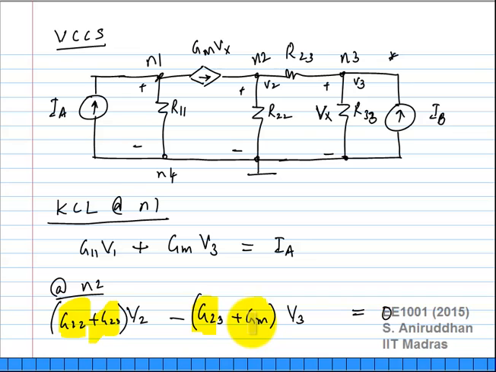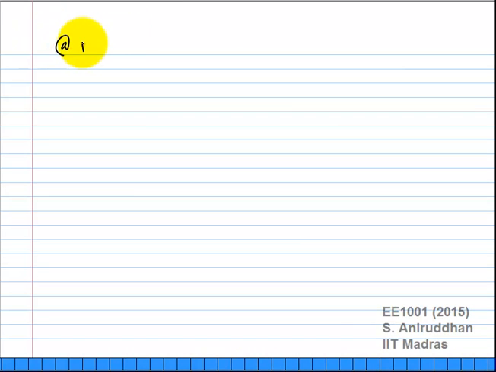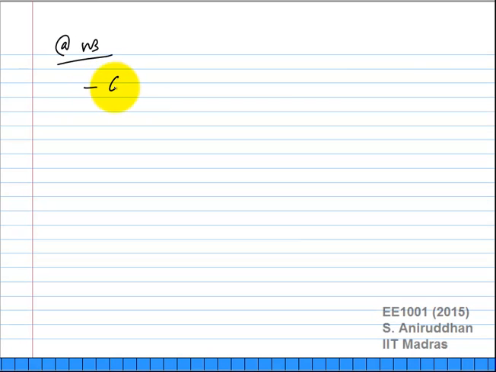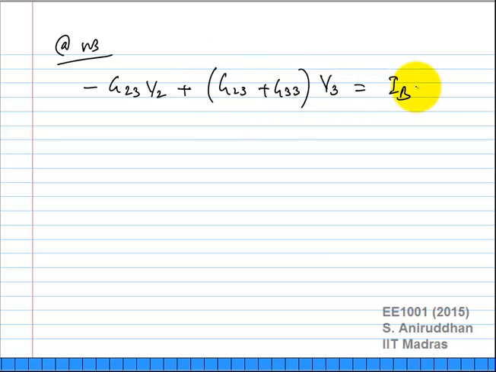So what happens to your equations? Let us write down the third one also, and then we'll write down the matrix. What happens at node 3? It stays the same as before. I have minus G23 times V2 plus G23 plus G33 times V3, this is the KCL at node 3.